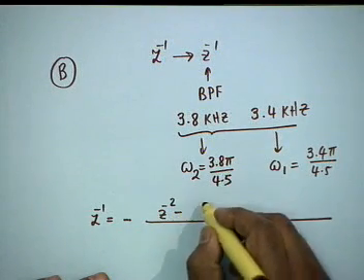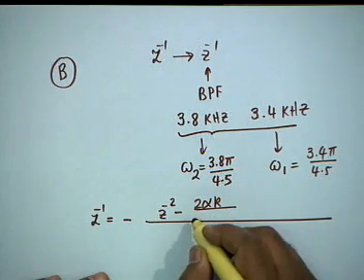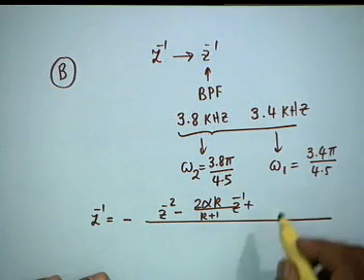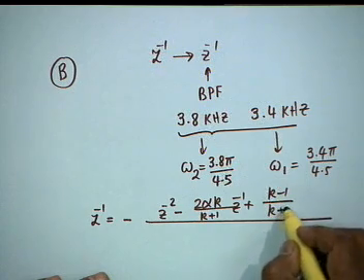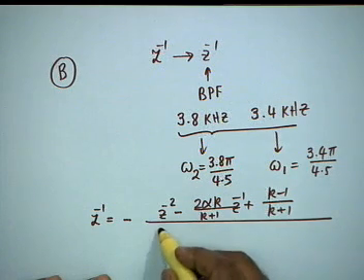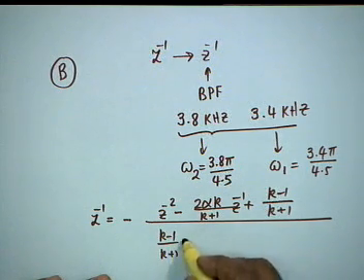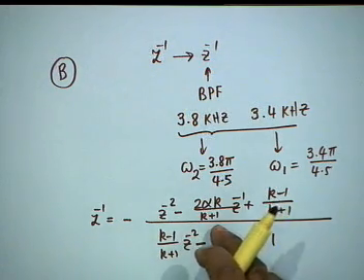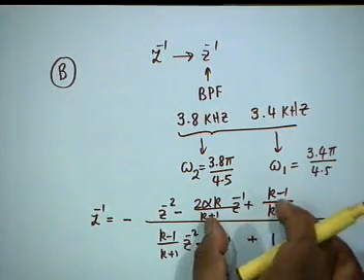In low pass to low pass the sign is positive, low pass to band stop the sign is positive, and the expression is Z to the minus 2 minus twice alpha k divided by k plus 1 times Z inverse plus k minus 1 by k plus 1, and the denominator is k minus 1 by k plus 1 Z to the minus 2 minus the same term in the denominator plus 1. Okay. So, we have to find out alpha and k to be able to find out these coefficients.